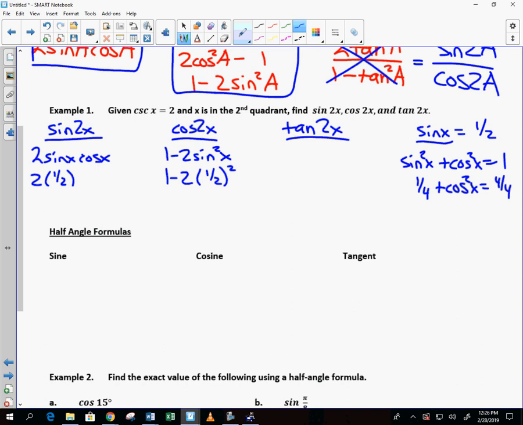Remember doing this, don't you? Subtract the 1/4, you get cosine squared of x is equal to 3/4. Square root both sides. We have cosine of x is equal to plus or minus the root of 3 over 2. Is it positive or is it negative? Second quadrant.